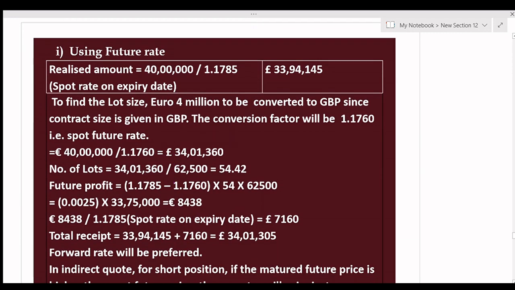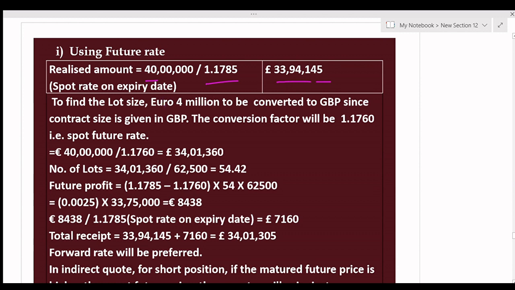Using the future rate, the realized amount is 40 lakhs euro divided by 1.1785, that is the spot rate on expiry date. The spot rate on expiry date is equal to the future rate on expiry date. That is equal to 33 lakhs 94,145 pound.